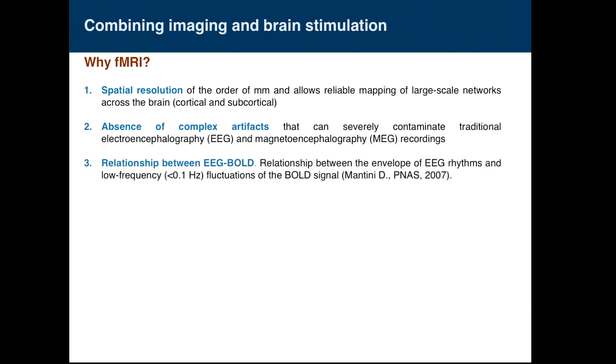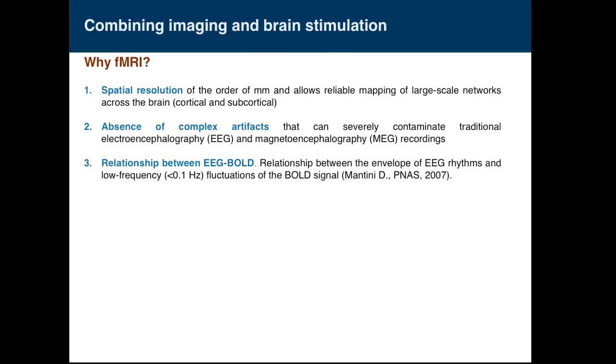Although when you do fMRI, you indeed lose the frequency range that you can get from EEG and MEG, so it's not that easy to make a claim that you're actually manipulating alpha or beta. However, there seems to be a relationship between EEG signals and BOLD signals.